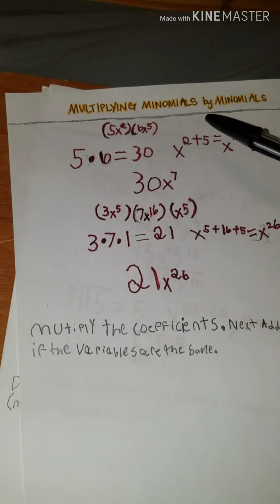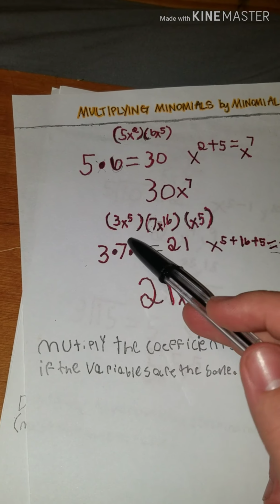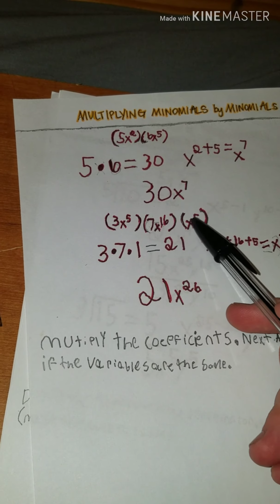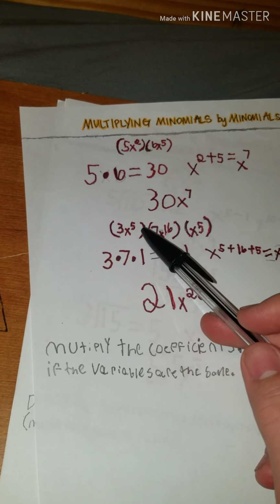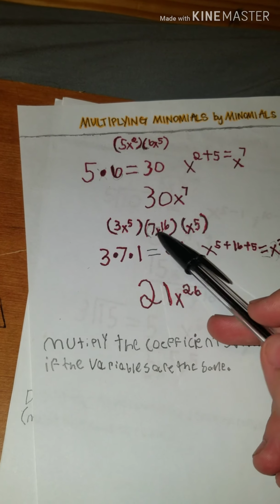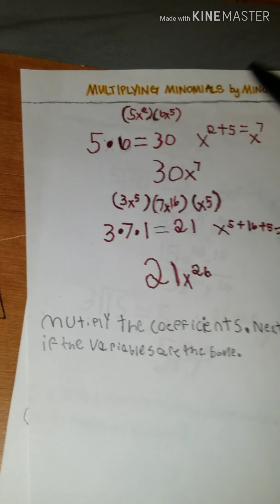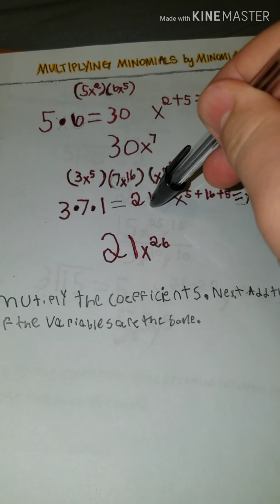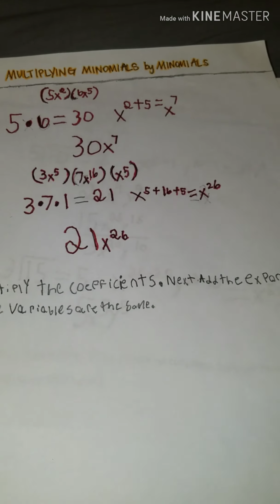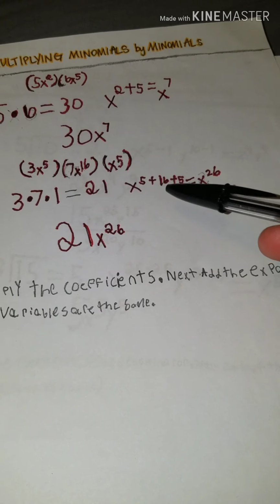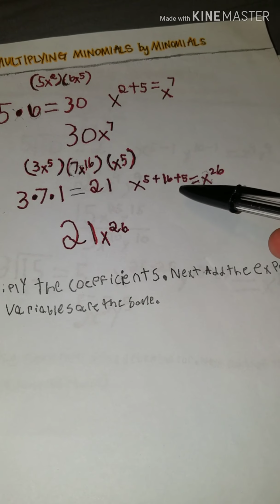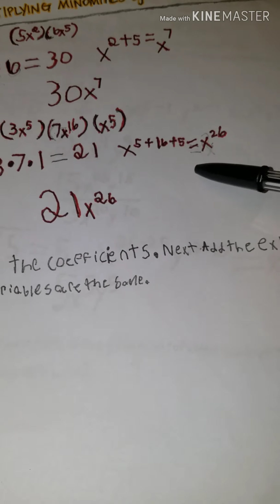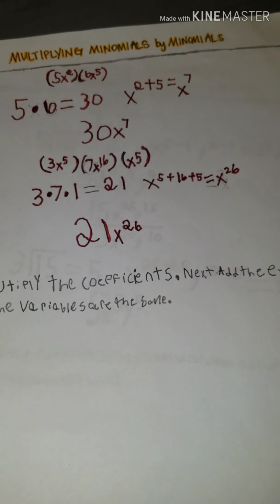Okay? And then you do as you did up here and add the exponents, as long as the variable is the same all the way through, you can add them together, which would be x to the 5th plus 16th plus 5, which would equal x to the 26th.